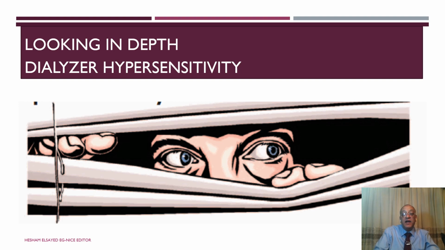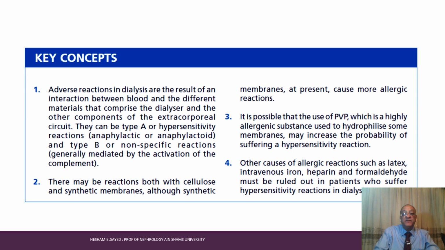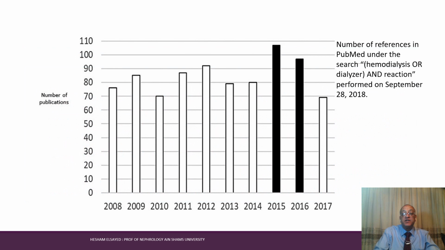Coming to the end of dialysis, hypersensitivity is well known as a phenomenon of type 1 hypersensitivity induced, and this may be to any of the dialyzer or the blood circuit. The publication is high from the beginning up to now.